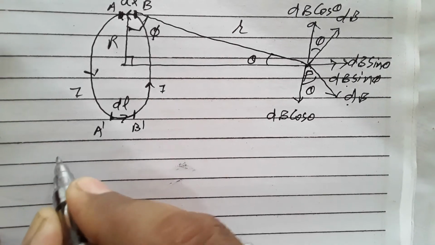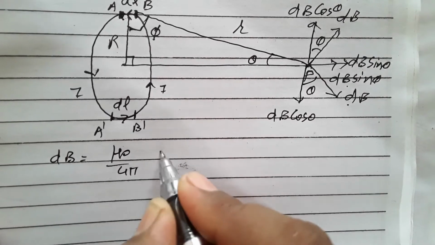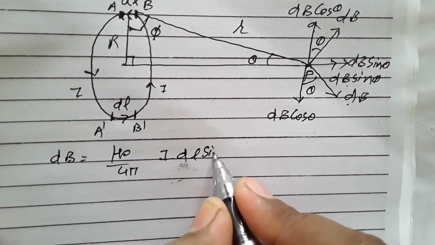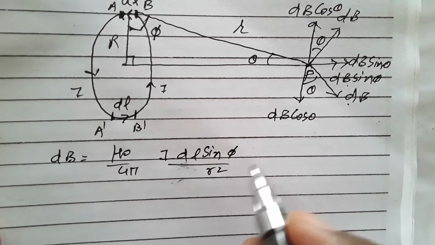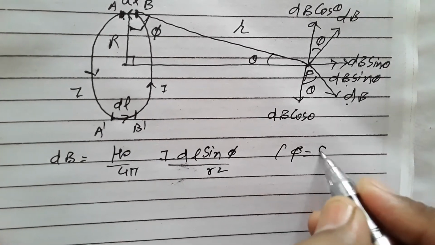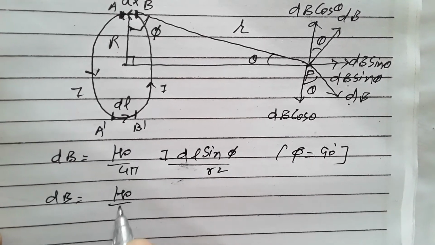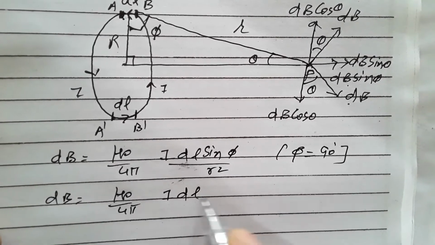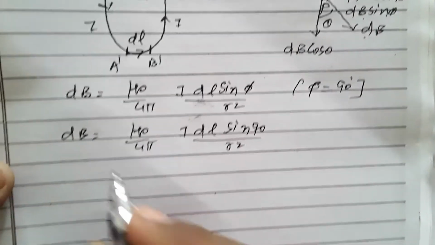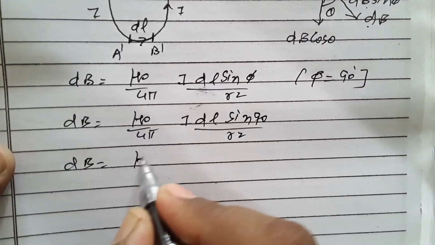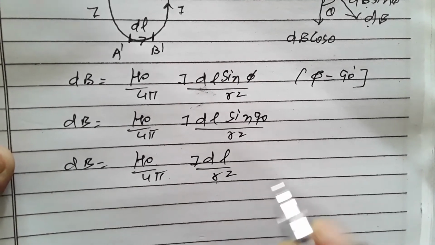According to Biot-Savart's law, dB is equal to mu naught upon 4 pi into I dl into sin phi upon r square. Here angle phi is 90 degrees, so this is sin 90. Sin 90 is 1. So dB is equal to mu naught upon 4 pi into I dl upon r square.